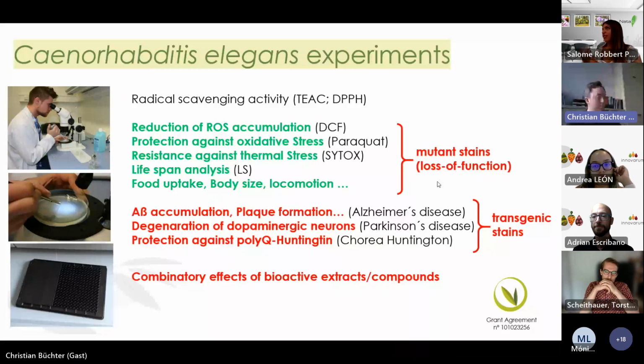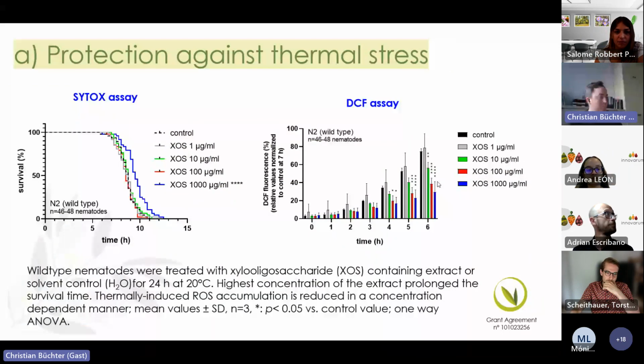And I want to show you some results we have generated with an extract that contains a certain amount of xylo-oligosaccharides or hemicellulose. Here on the left side, you can see the resistance against a thermal stress.